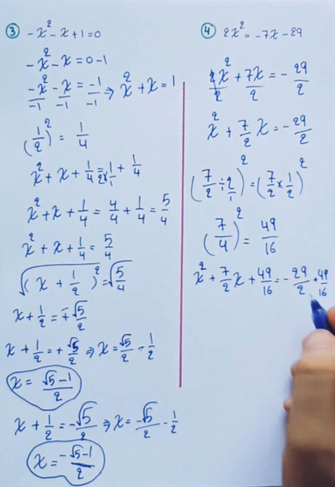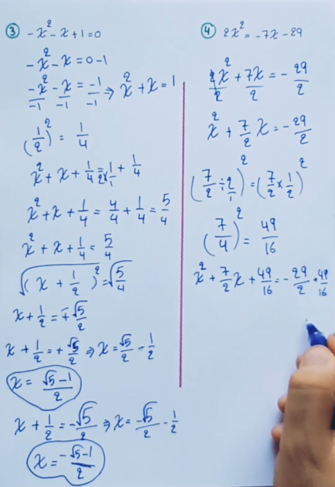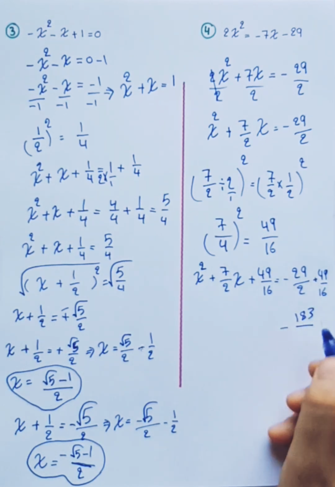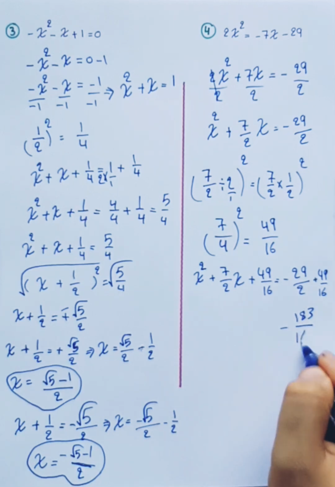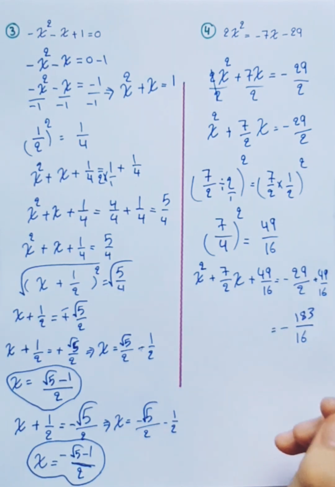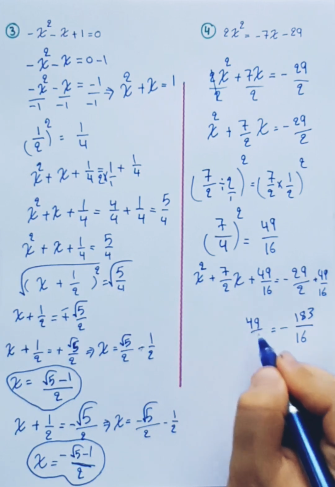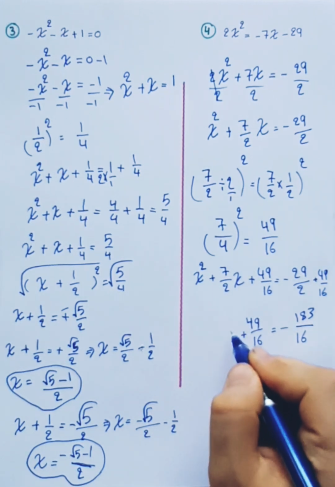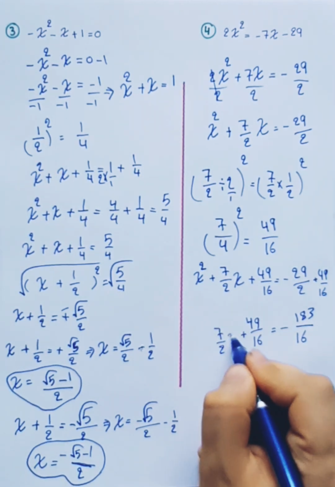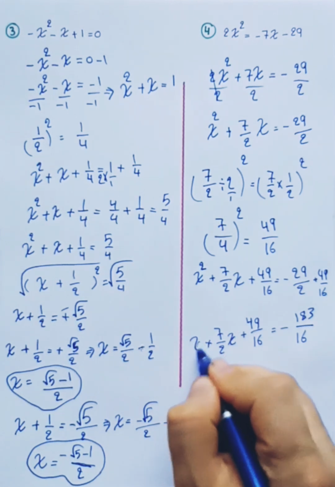After that, when we add these two fractions, the value is negative 183 out of 16.